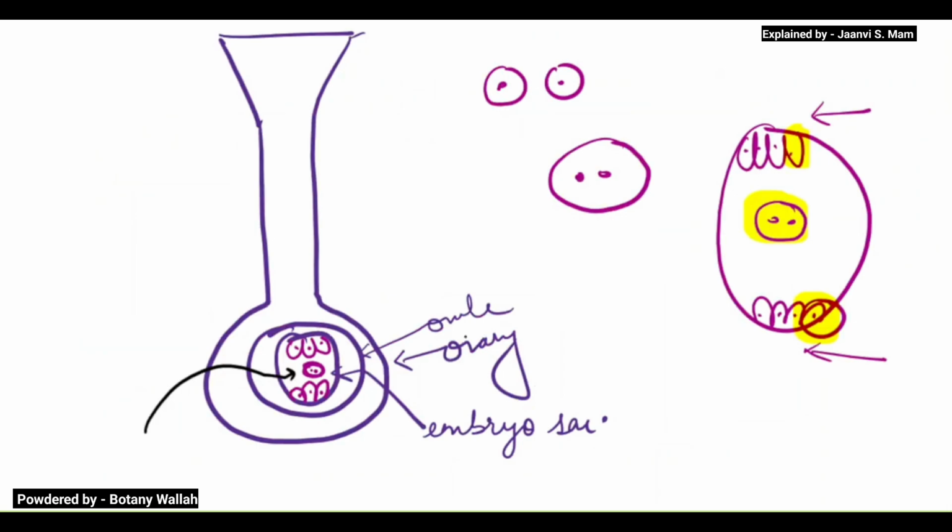What concealed means is that inside the ovary you have the ovule, and inside the ovule you have the embryo sac, so everything is covered. One thing is present inside another thing. So everything is enclosed inside the ovary, right? So we say concealed structure.